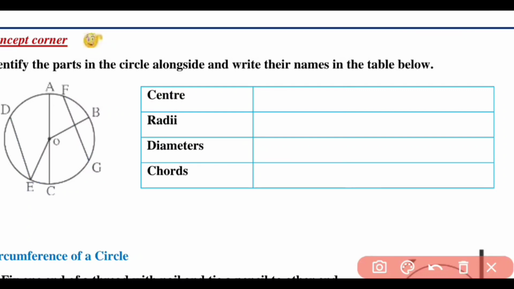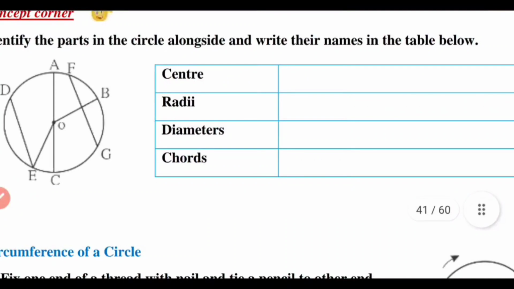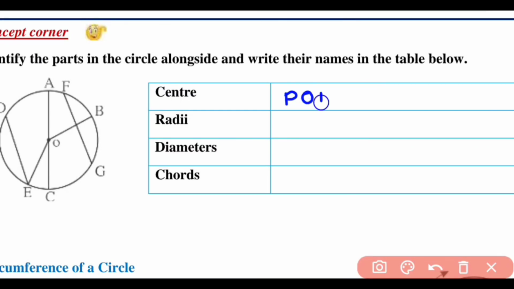First we have to write the name of center of the circle. So center of the circle is point O, correct.